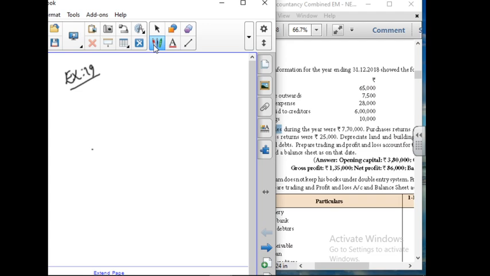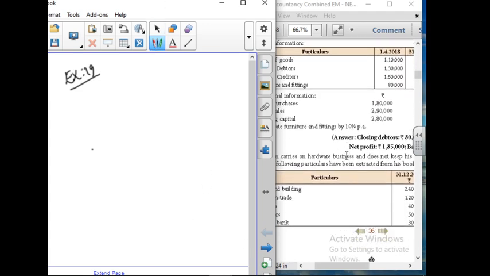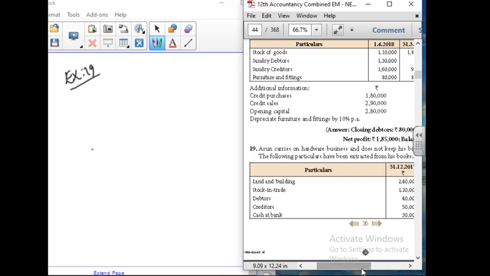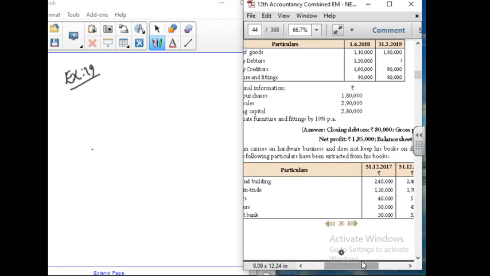So it is necessary that we have to find the opening capital for the year. So we are going to create the total creditors account and opening capital. Let us move on to the problem.